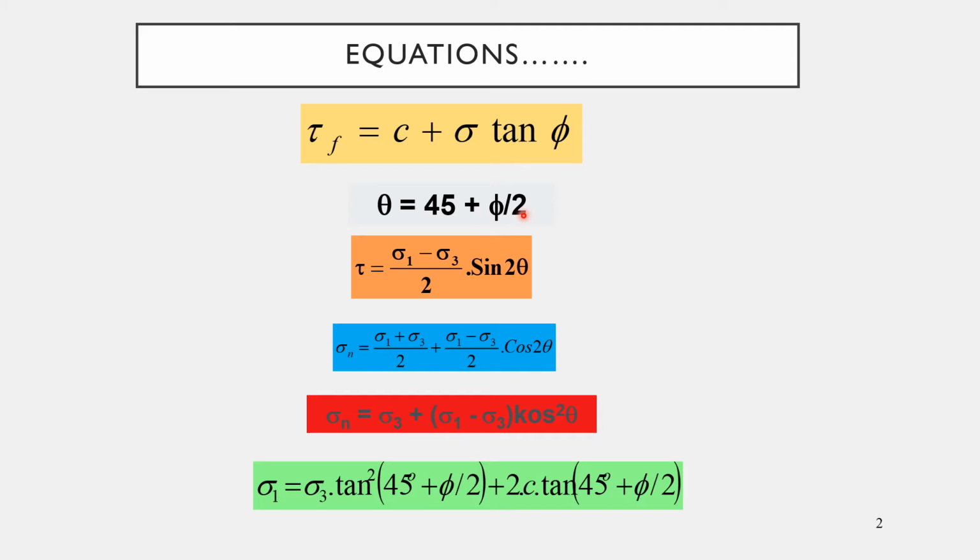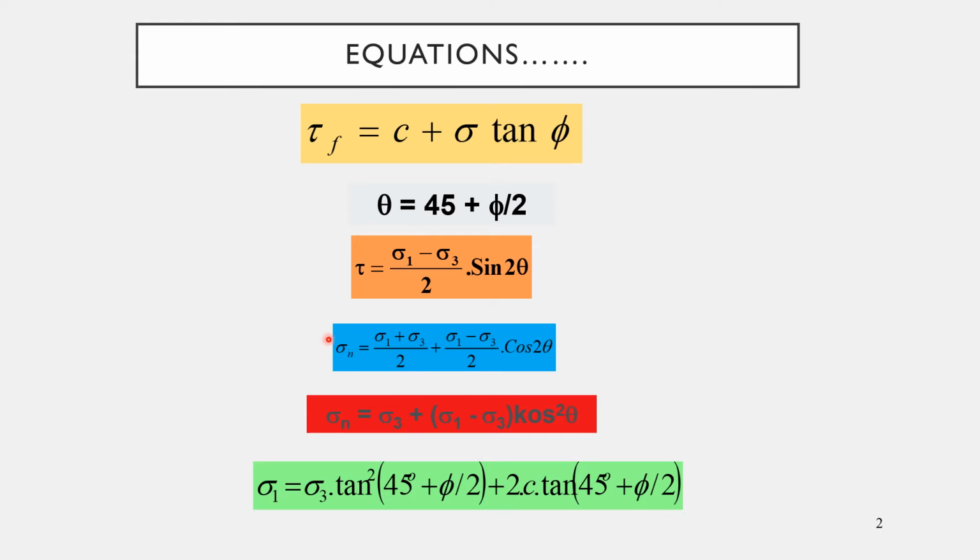The same thing also, if you know the value of theta, to find the friction angle you can use this similar equation. For shear stress at failure, you can use these equations, where you also need to know the major principal stress and the minor principal stress together with the failure angle value.